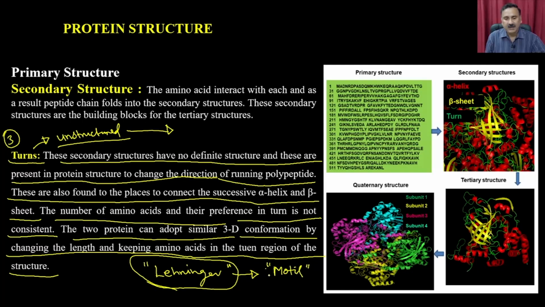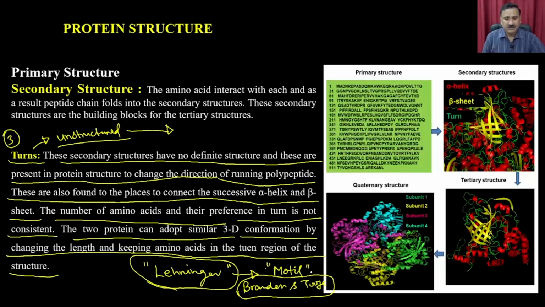And there is an excellent book called Protein Structure by Branden and Tooze, and this is a very good book in case you want to read more about the secondary structures and how they come together to give you the different types of motifs. They have given discrete, different examples of how the combinations of secondary structures are present.